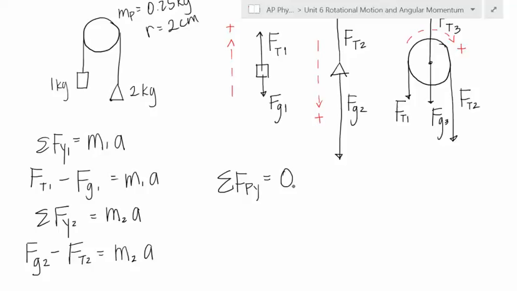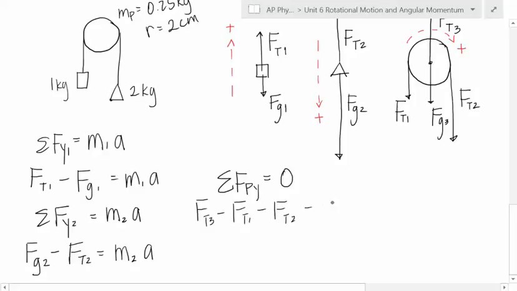It's going to rotate, but not translate, just like mass 1 translates, it does not rotate. So you would have Ft3 minus Ft1 minus Ft2 minus Fg3 is equal to 0. So if we found all of our tensions, we could go back and figure out how strong the string that hangs the pulley from the ceiling needs to be, which is an extension question, I suppose.